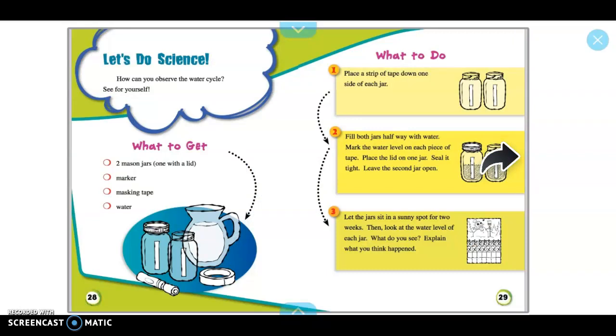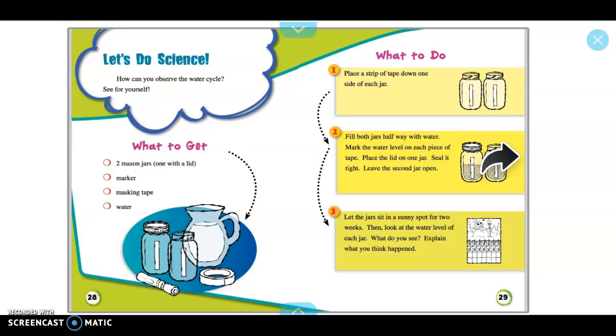All right, so this is just a science project, and we could do this. If you have time, I want you to get 2 mason jars or anything that you can get with a lid. I want you to get a marker, masking tape, and water.